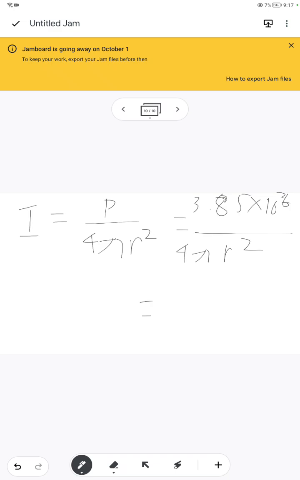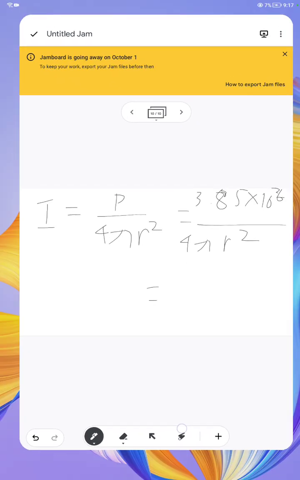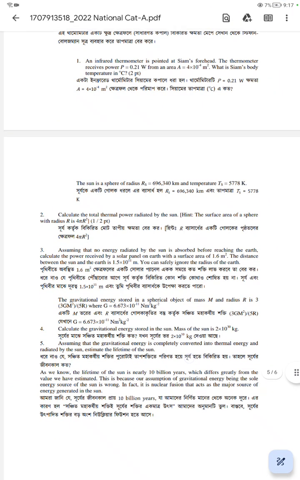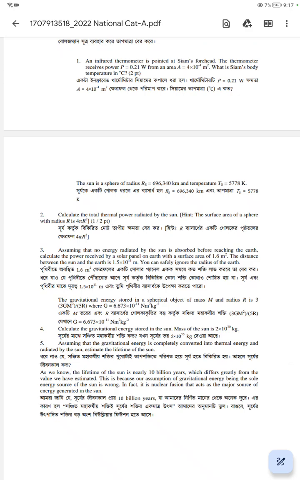So I have 3.85 times 10 to the power 26 as P. I'm going to divide this by 4 pi R squared. So what's our R squared? It's 4 pi times 1.5 times 10 to the power 11, and this thing will be squared, right?